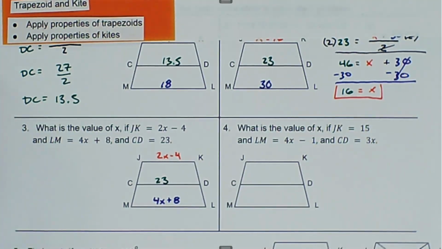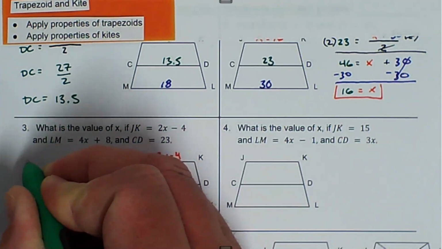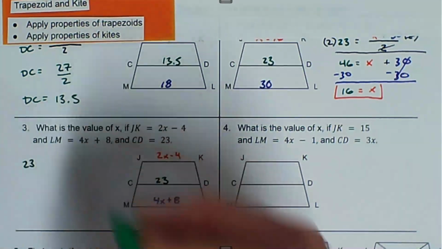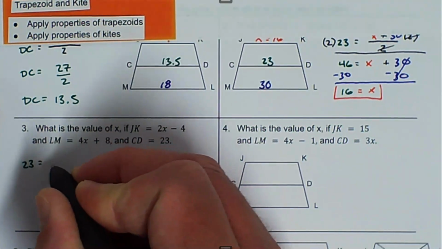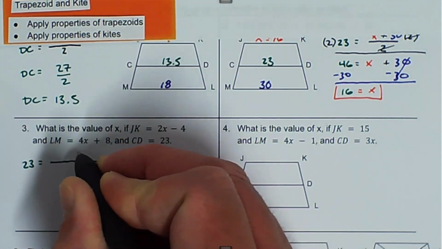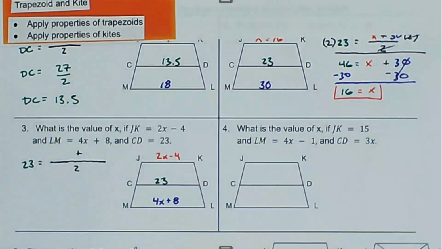So we can use our mid-segment formula again. And so our mid-segment, which is 23, is going to be equal to the average of the two bases, or the two bases added together and divided by 2.